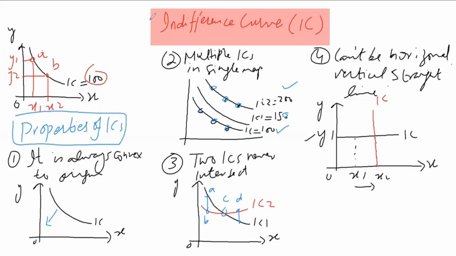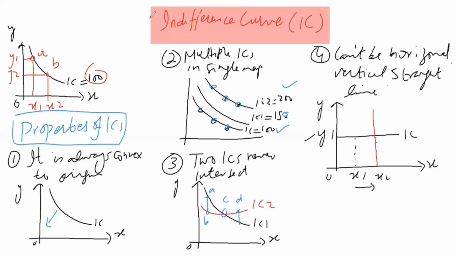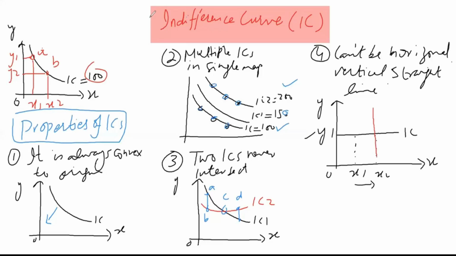But in this situation, he is getting the same quantity of Y good, but he can increase the quantity of X. Similarly, if it is a vertical straight line, then again it is against the basic property, because this shows that we can purchase X2 quantity of X good even if we purchase Y1, Y2, or Y3 quantity of Y good.